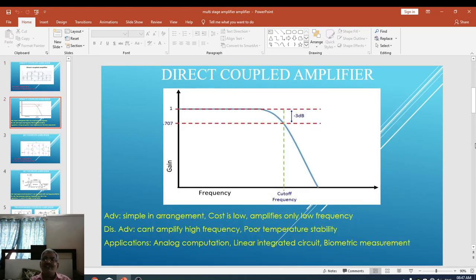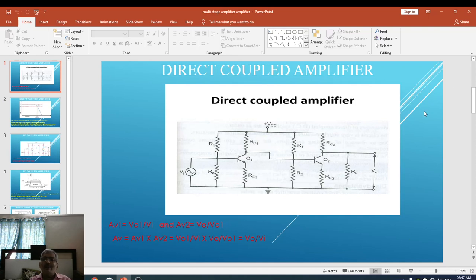Now we are going to consider one of the types of multi-stage amplifier, that is known as the direct coupled amplifier. This direct coupled amplifier can be abbreviated as DC amplifier. It is called so because here the output of the first stage is coupled as the input of the second stage without making use of any coupling component.